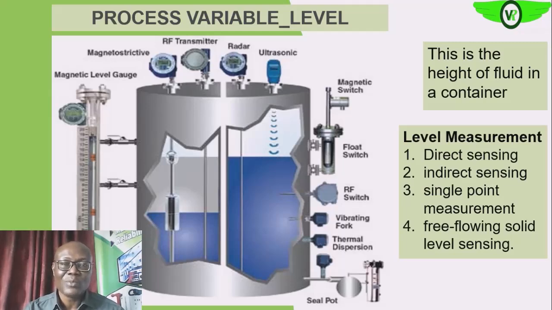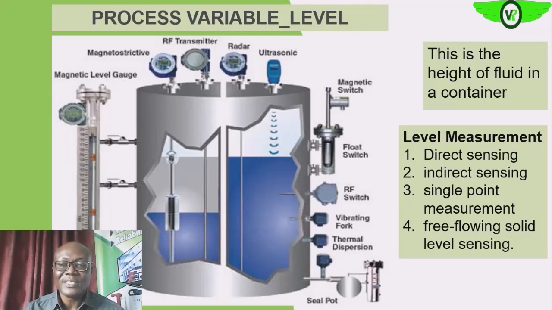There are some process operations where level measurement and control is critical for us to get our desired product or our desired output. We have different methods of measuring level in the process industry.